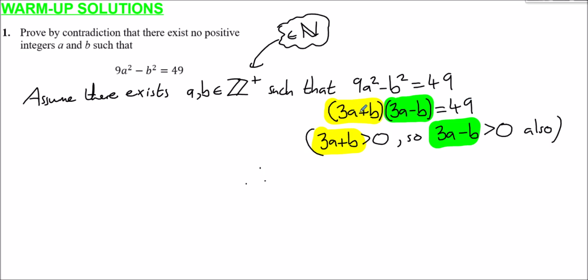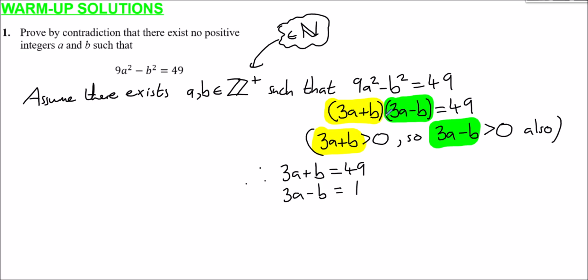3a plus b will be the greater value, 3a minus b will be smaller. So we could have that 3a plus b is 49 and 3a minus b equals 1, because 49 multiplied by 1 would be 49.